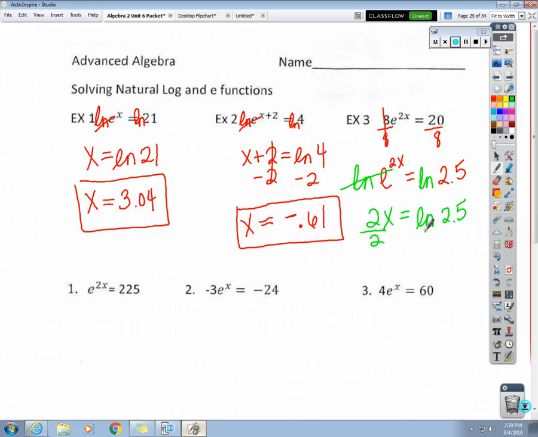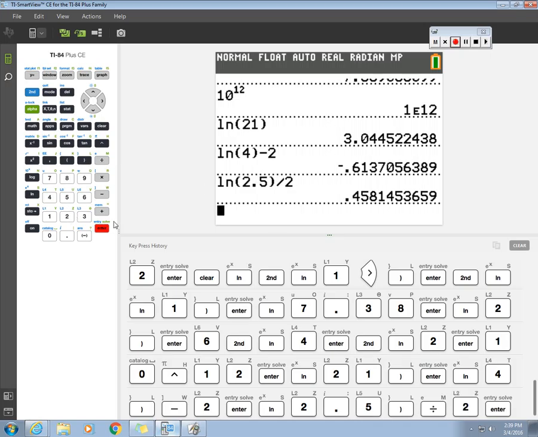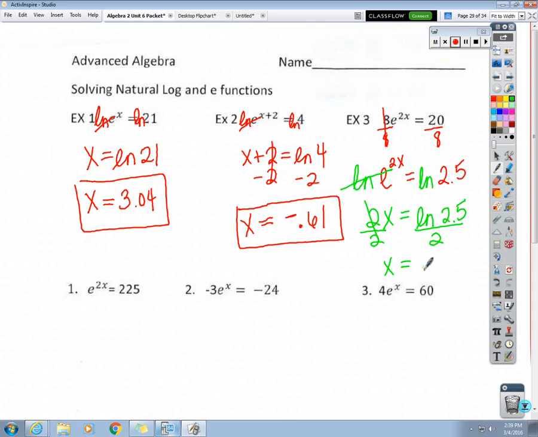Divide by the 2. And so x equals the natural log of 2.5 divided by 2. So natural log of 2.5, make sure you close the parenthesis right there, and then divide by 2. And you get 0.46. Okay? The 5 below it are your homework, but we're not finished. Turn the page.